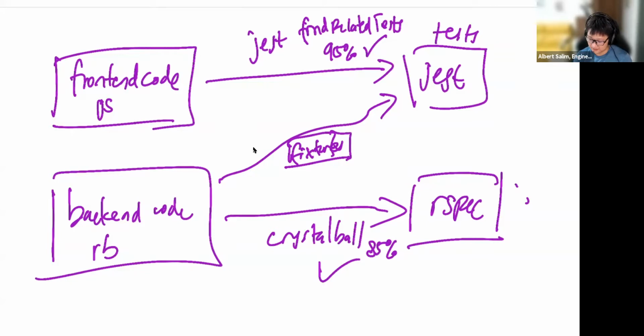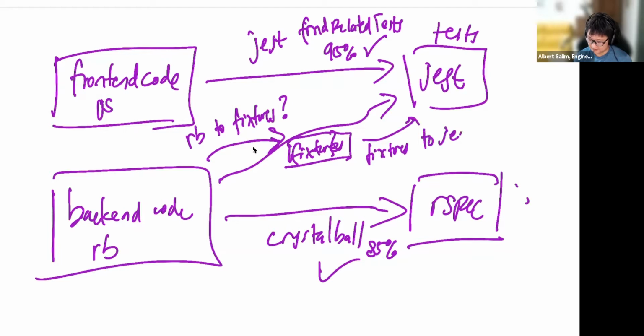There are two parts to this. One part is linking the Ruby code to fixtures, which we don't have right now. The other part is linking the fixtures to Jest, which is in progress, about 80% done, I would say.